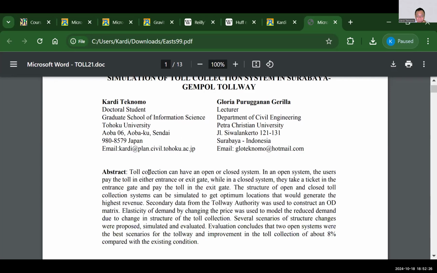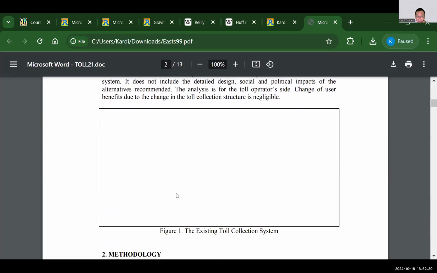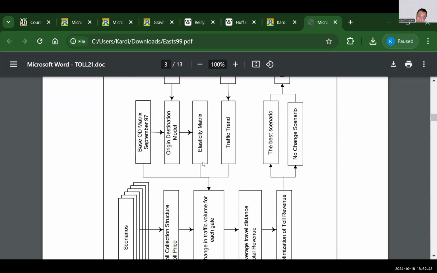At the time I was still a student. Yeah, the figure is copy-pasted from the real paper, so that's why I cannot put it here. But the technique is simple.